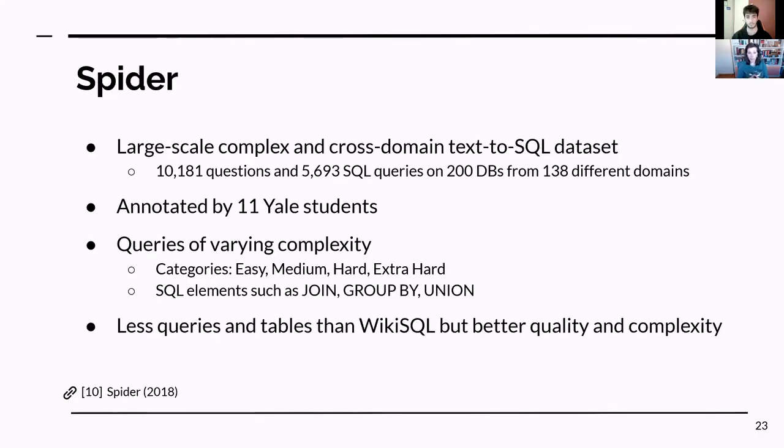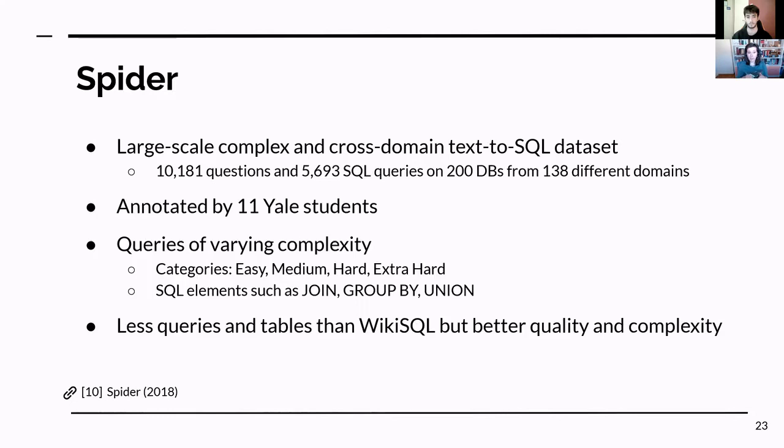And now we go to Spider. This is a different and quite a smaller set of queries compared to WikiSQL, around 10,000 questions, over now 200 databases from 138 different domains. It is a set annotated by 11 Yale students.